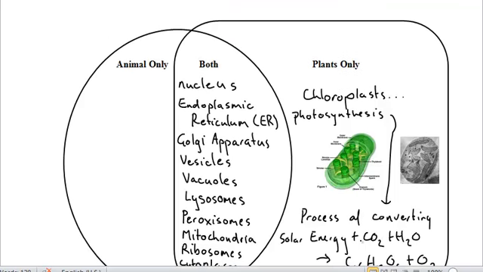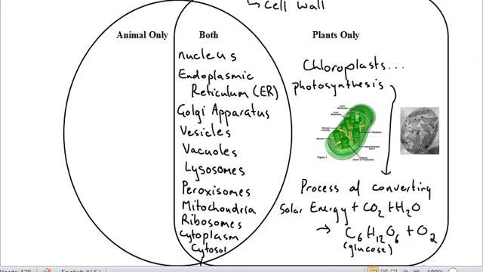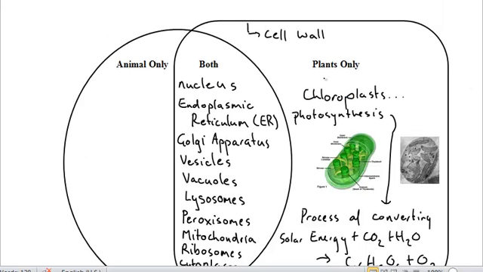As well, plants have, and we'll stick it up here, a cell wall. And we're sticking it up here because I've actually used the shape of the box to represent the shape of the cell wall around plants. They tend to be more angular or square.